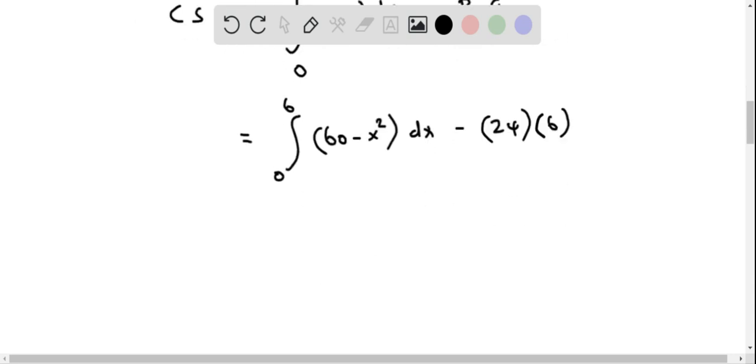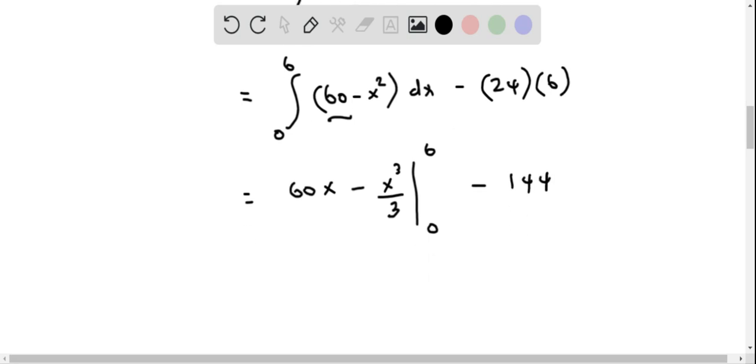And so we find the antiderivative of 60, which is 60x. And the antiderivative of x squared is x raised to the power of 3 divided by 3. And we evaluate this between the limits 0 to 6, minus 24 times 6, which equals 144. Now let's evaluate this.